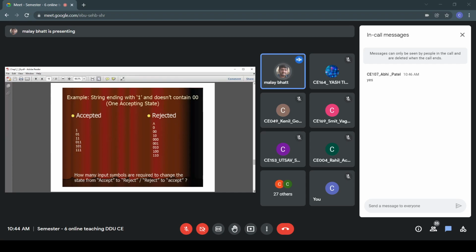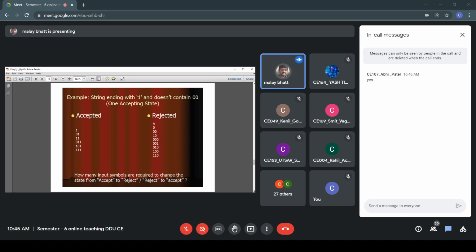All these are ending with 1. While the strings which are not ending with 1 are null, 0, 0 0, 1 0, 0 0 0, 1 0 0, and 1 1 0.